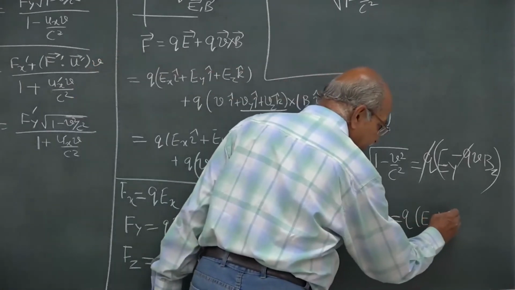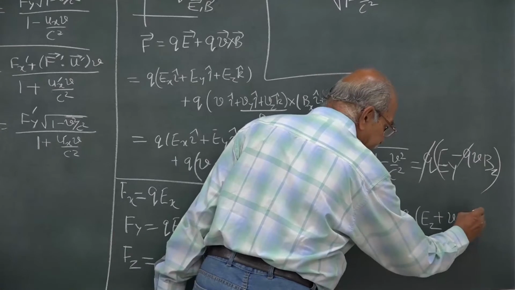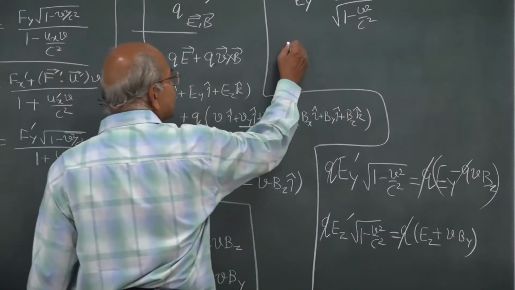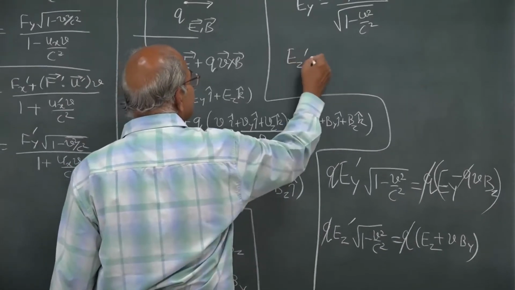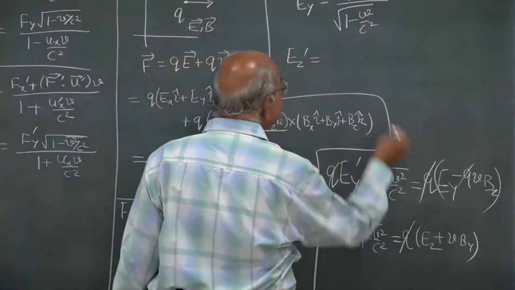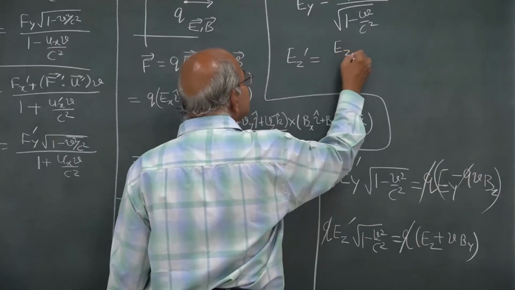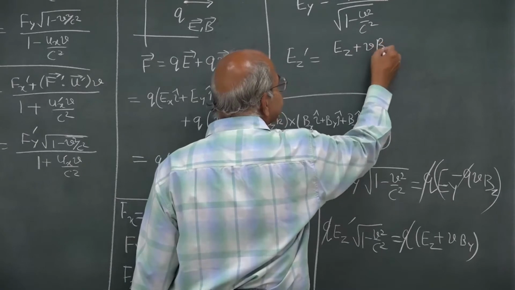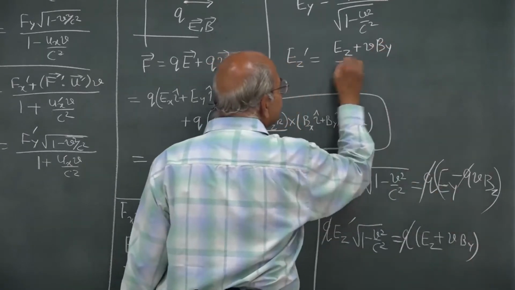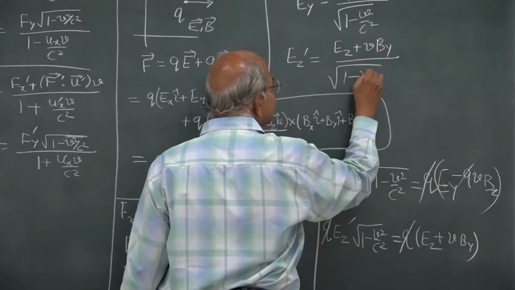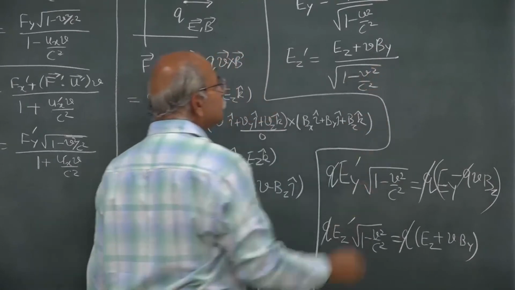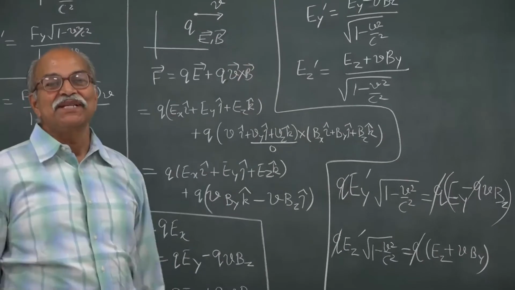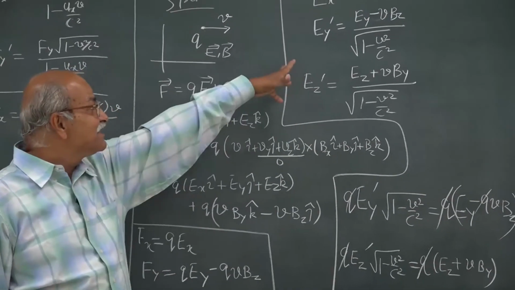This q cancels out and you write Ez prime equal to Ez plus v By, divided by square root of 1 minus v square by c square. That gives you the transformation equations for the electric field.